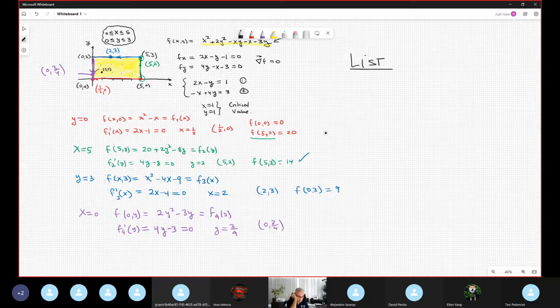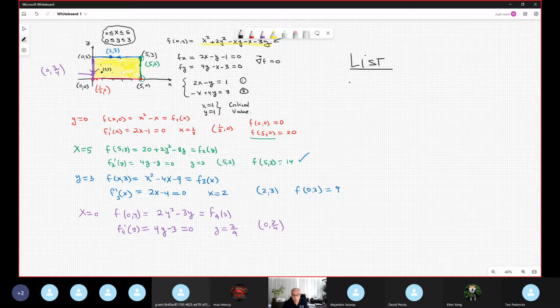Let me see, 1, 2, 3, 4, 5, 6, 7, 8, and 9 points. Why 9? Because we have 4 corners. We have in the middle of the segment one potential max, min, local. And we have in the middle of the region 1,1. So in total we have 9.